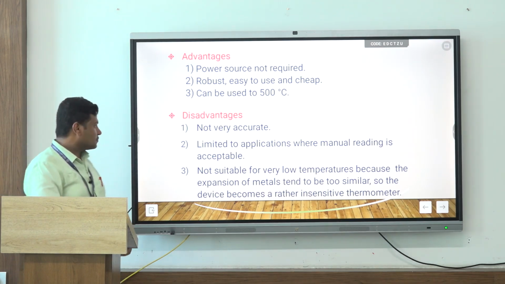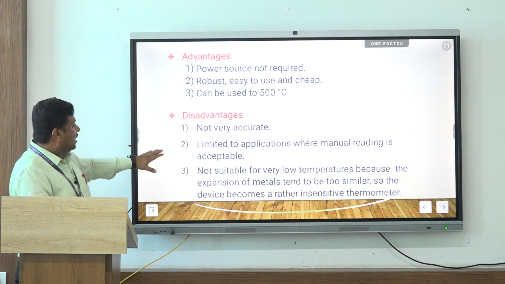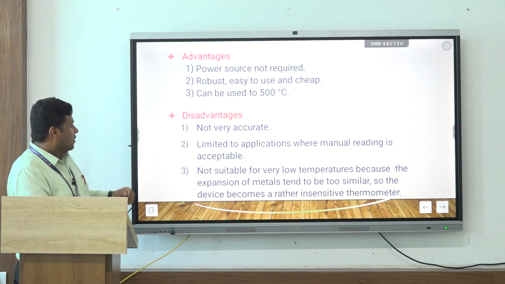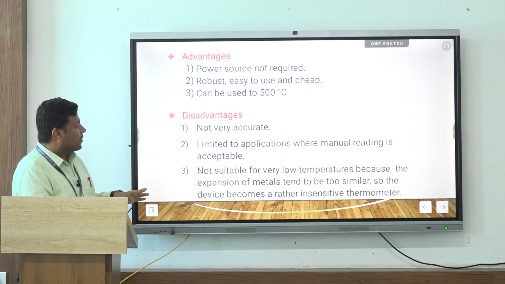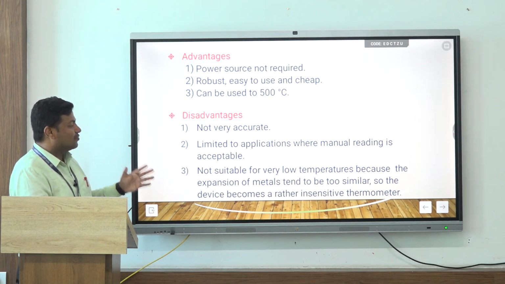Disadvantages: not very accurate, limited to applications where manual reading is acceptable, and not suitable for very low temperatures because the expansion of the metals tends to be similar, so the device becomes a rather insensitive thermometer.